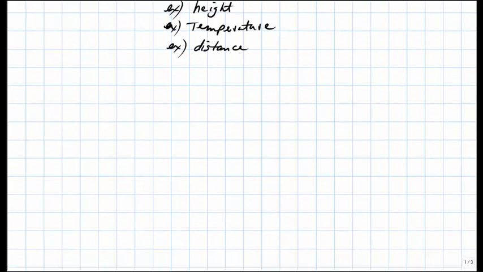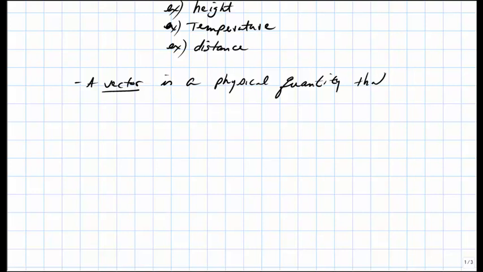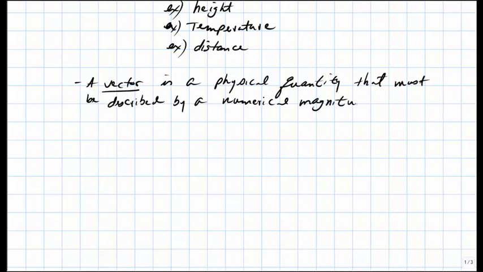Let's now define a vector. A vector is a physical quantity that must be described by a numerical magnitude as well as a direction.